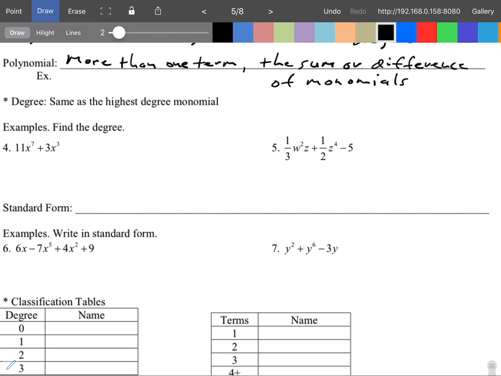So it's going to have more than one monomial added together or subtracted. All right?